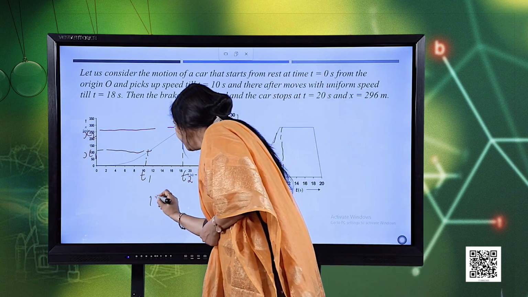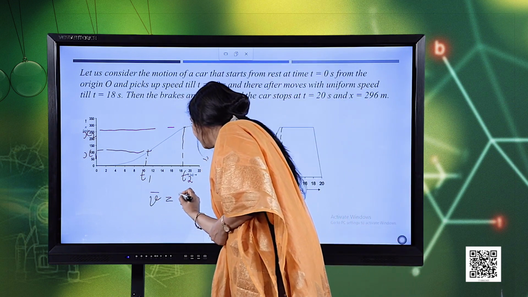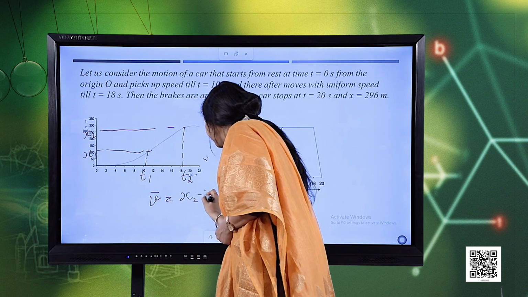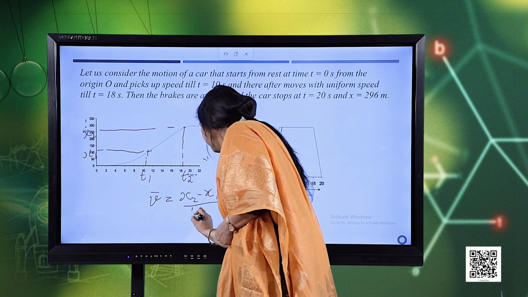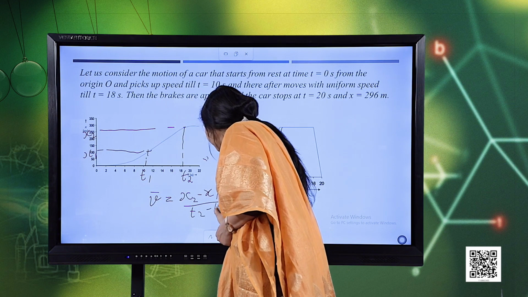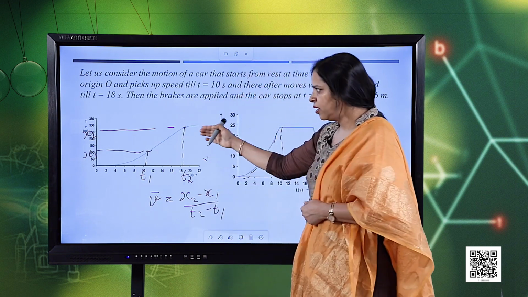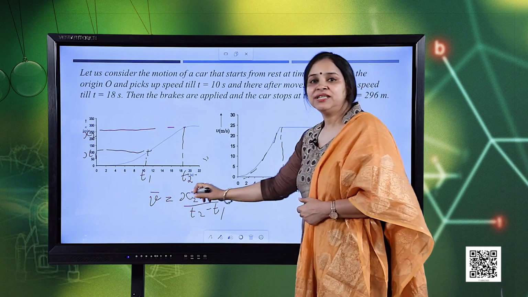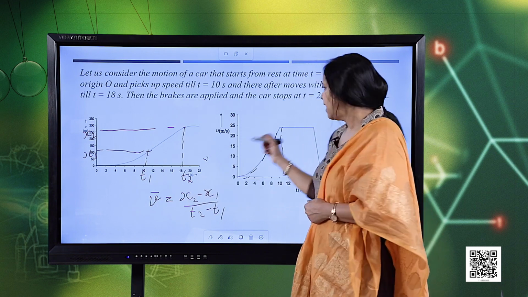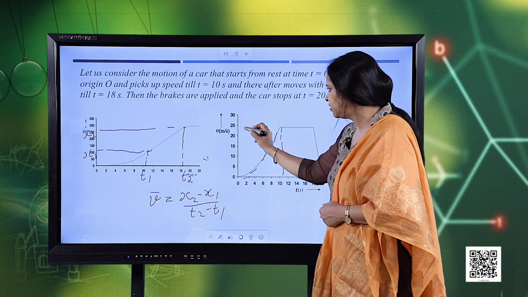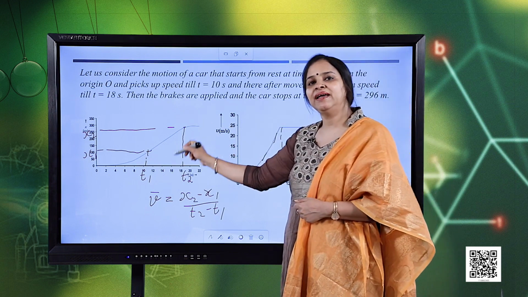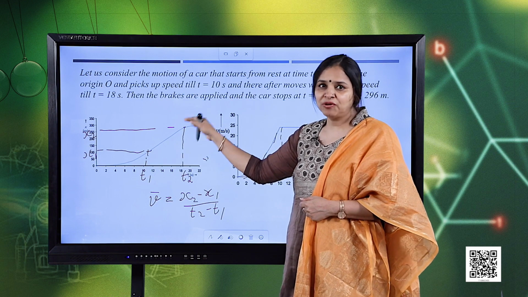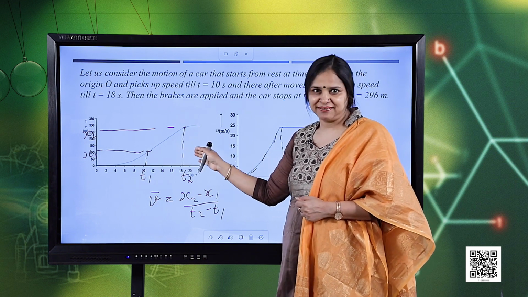Average velocity can be determined by the formula x2 minus x1 upon t2 minus t1. On calculating this, we will observe that the average velocity is the same as the velocity which we calculate by finding the slope at different instants.